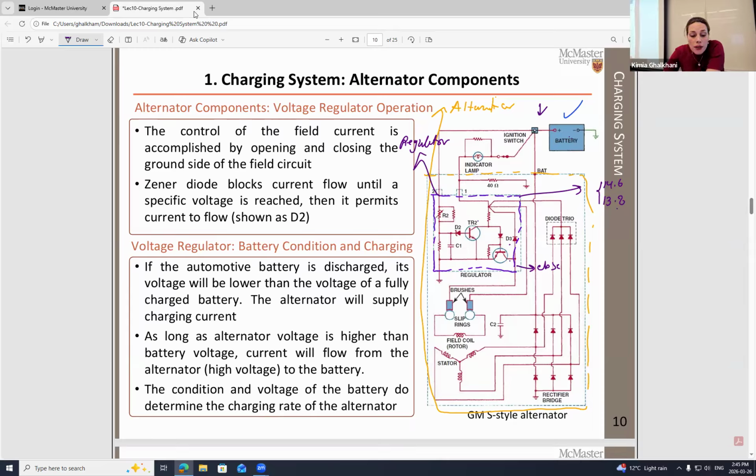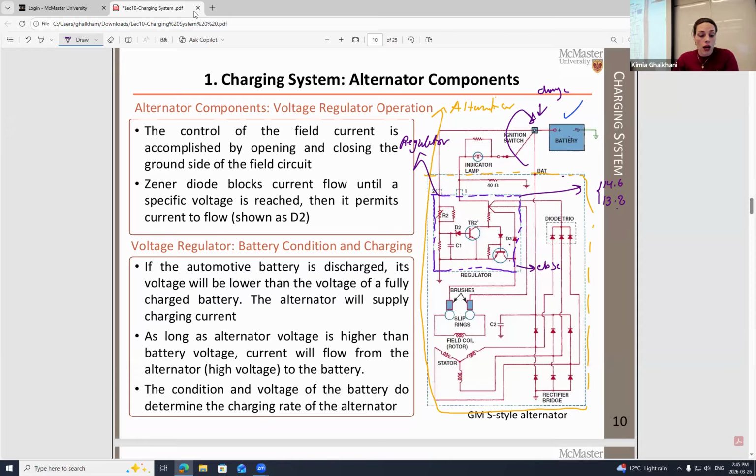And then some power is going to be sent to the battery in order to charge it. You got the point? So this regulator has the job of charging the battery whenever your battery is below the acceptable range. It will close the system, and then your alternator becomes the charger for the battery.